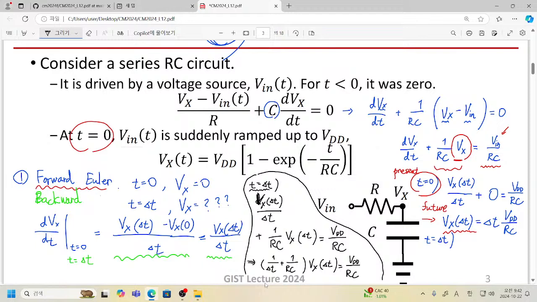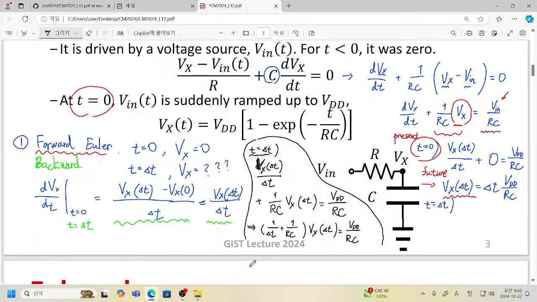So what you can get eventually is quite striking here. Now we have Vx at delta t given as VDD over RC divided by 1 over delta t plus 1 over RC. That is the solution.